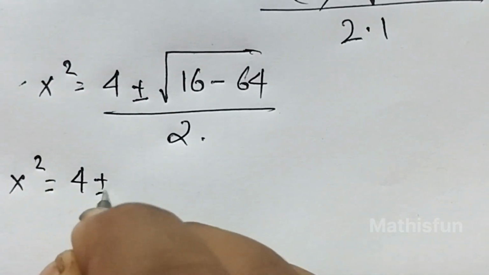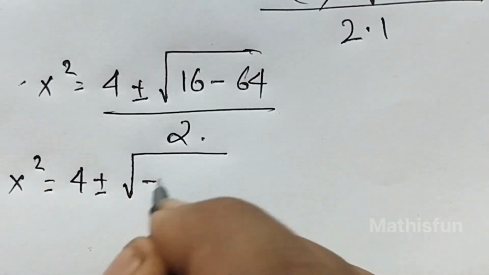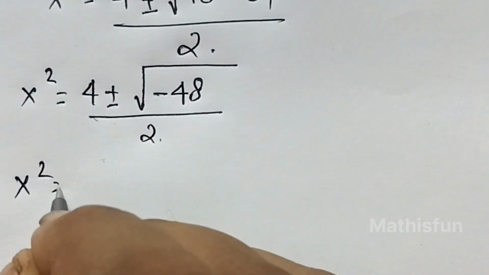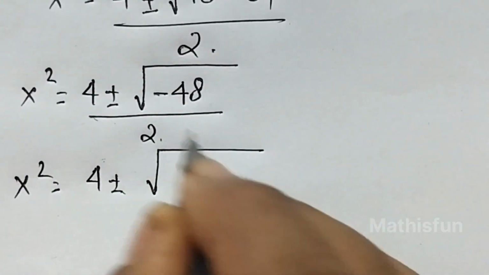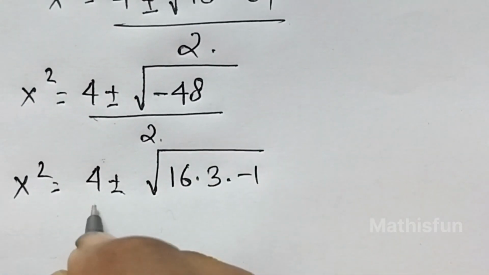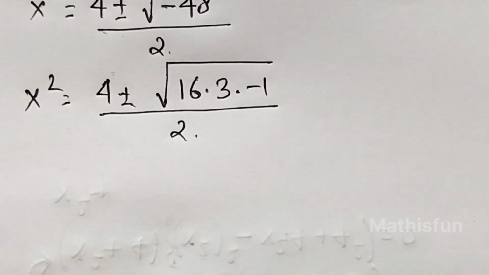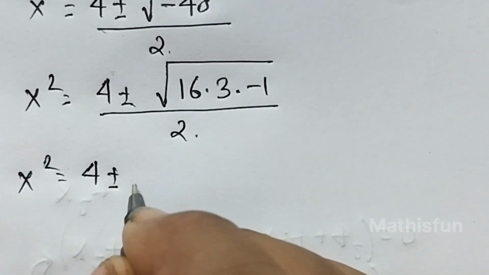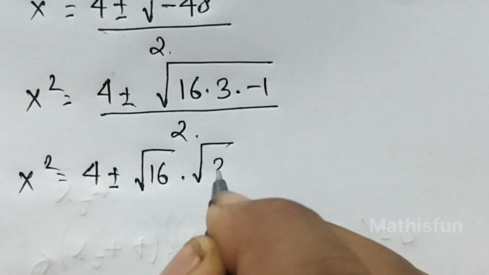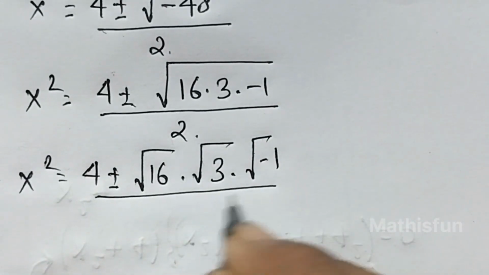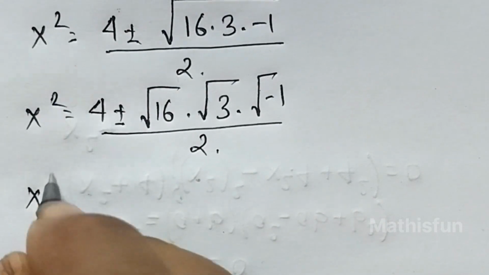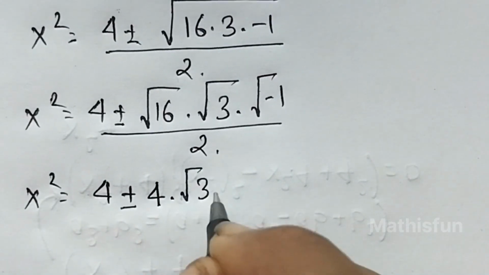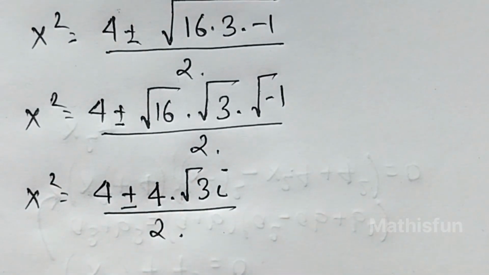x square is equal to 4 plus minus, this becomes under root minus 48 upon 2. x square is 4 plus minus, this can be written as under root 16 into 3 into minus 1 upon 2. x square is 4 plus minus under root 16 under root 3 under root minus 1 upon 2. x square is 4 plus minus 4 root 3 i upon 2.